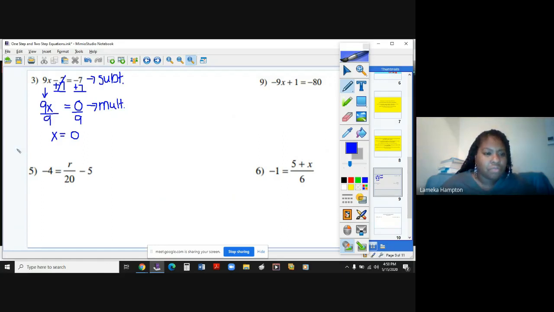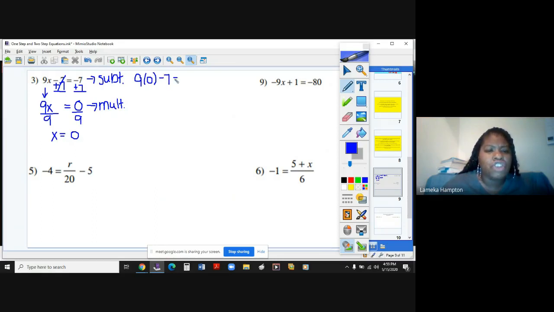So what I'm going to do, I am simply just going to check my answer, and I do that by substituting 0 in place of x in the original equation. So over here, I am simply going to write 9, and remember, x is equal to 0. So I substituted my 0 in for x because x and 0 are equal. And that's going to be minus 7.